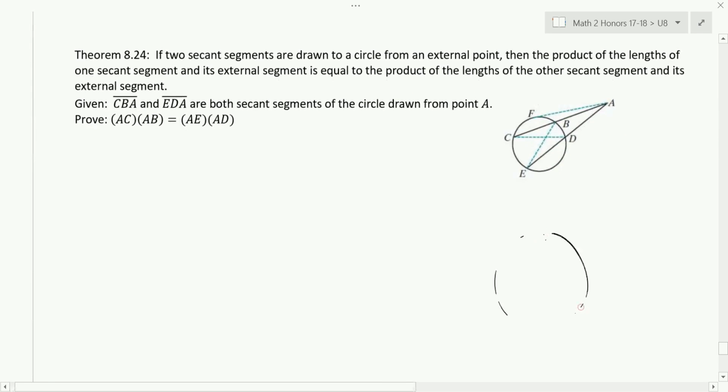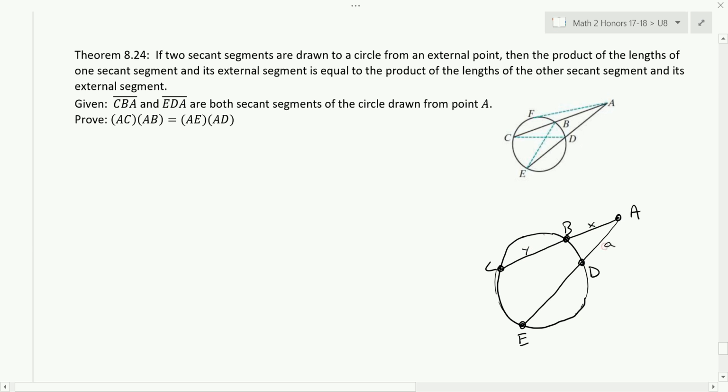If we have a circle, an external point, and two secant segments, and let's say the length from A to B is length x, the length from B to C is length y, from A to D is lowercase a, and from D to E is lowercase b.